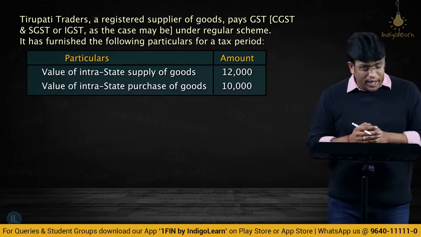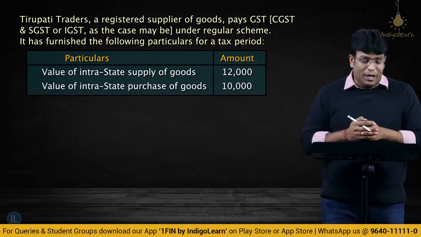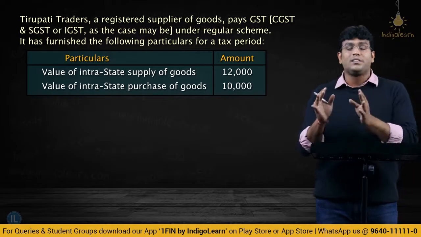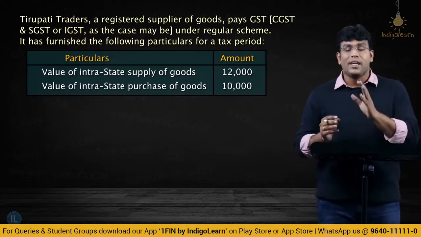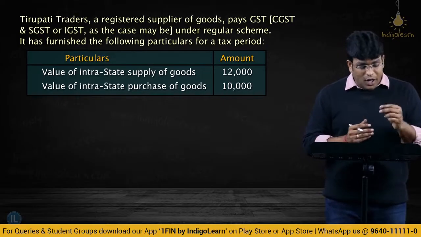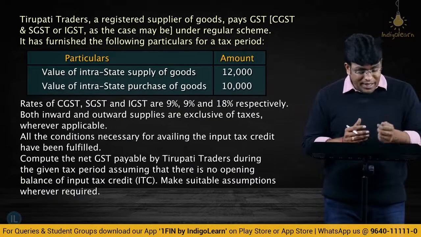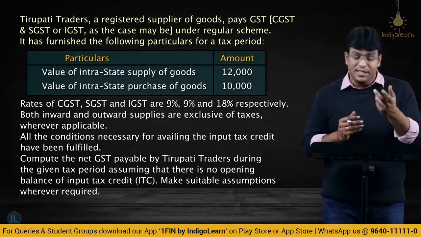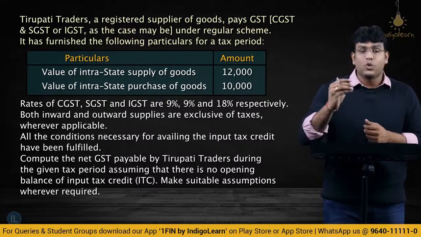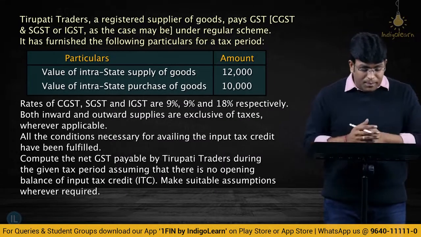When both are intra and intra, what will come is CGST and SGST. And below they gave the rate of CGST as 9%, SGST as 9%, IGST as 18%. Both inward and outward supply are exclusive of tax wherever applicable.